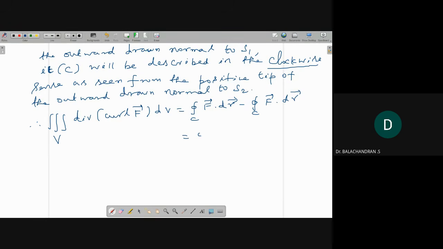That's why it is 0. So this implies the divergence of curl F vector equals 0. So this is the proof.